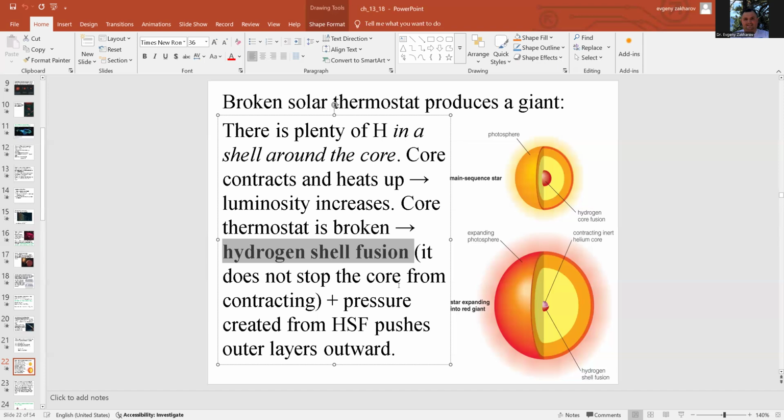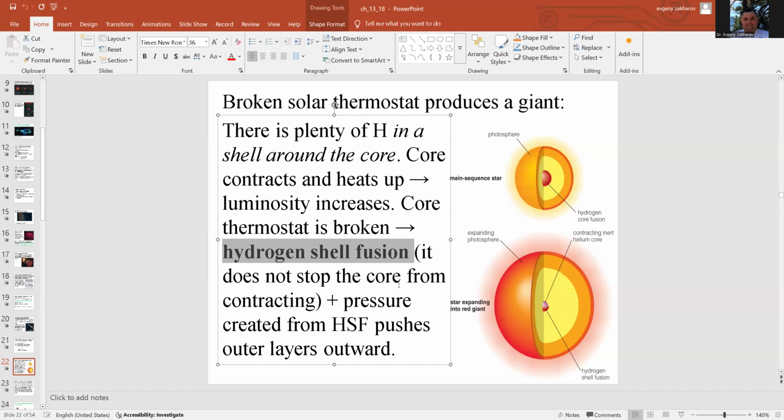So there's still plenty of hydrogen around the core, and now it's a very hot environment because the core has just heated up to 100 million degrees. So you have fusion outside of the core.